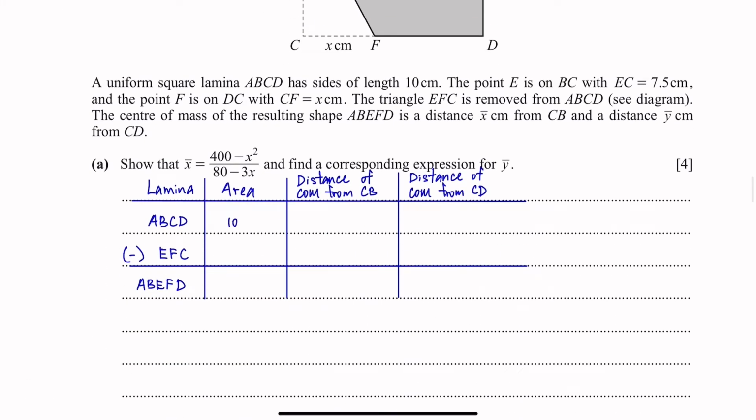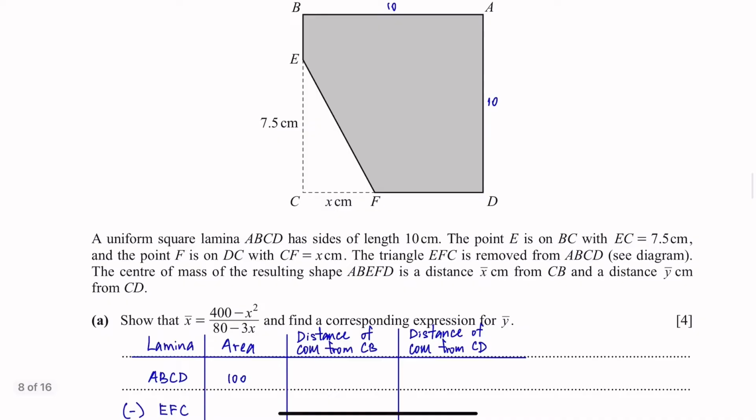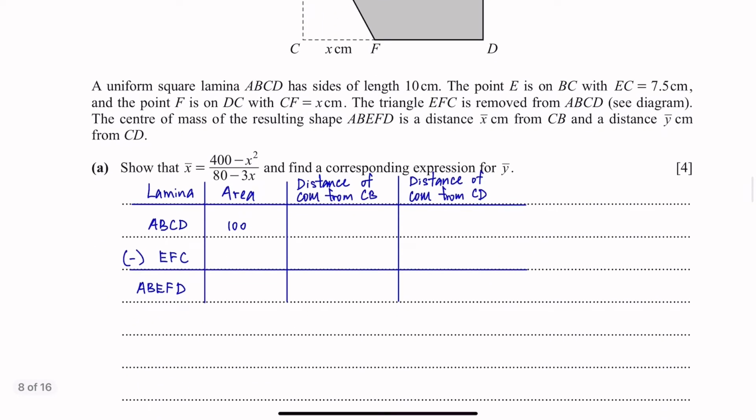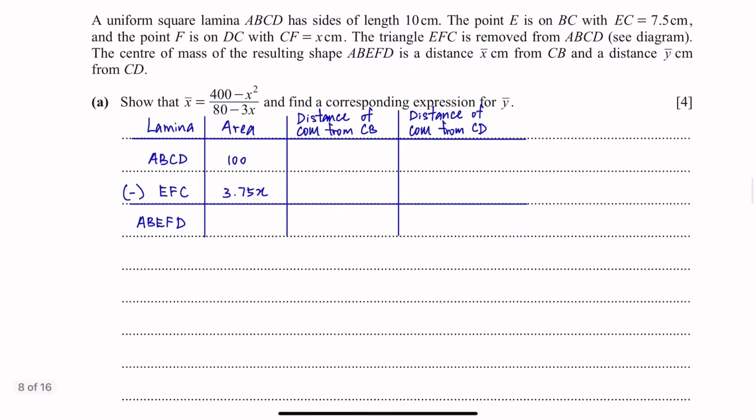So we have 100 for the area of ABCD. And for EFC, it is basically half times base times height, right? So we have half times x times 7.5, which gives us 3.75x. And the resulting area would be 100 minus 3.75x.